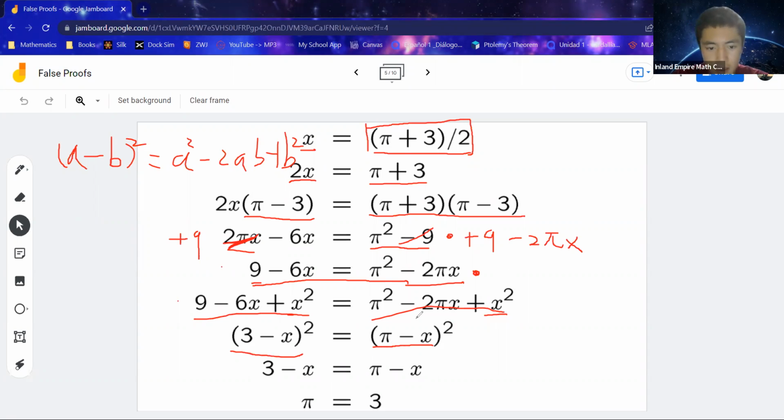All right. So taking the square root of both sides, we get 3 minus x is equal to pi minus x. And so canceling the minus x on both sides, we get pi equals 3.